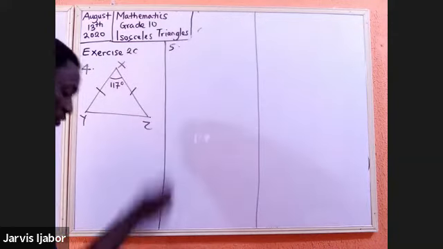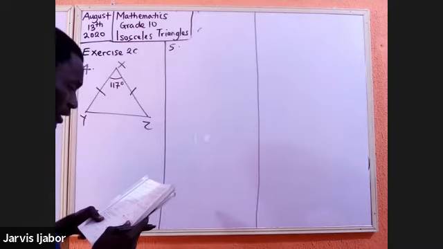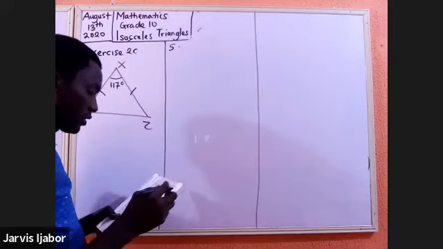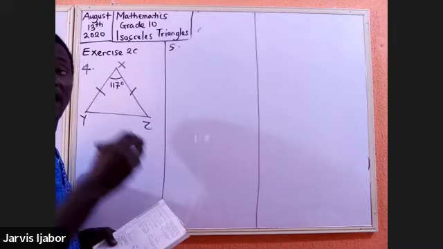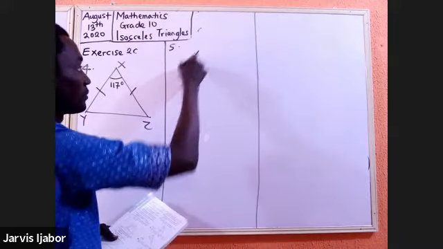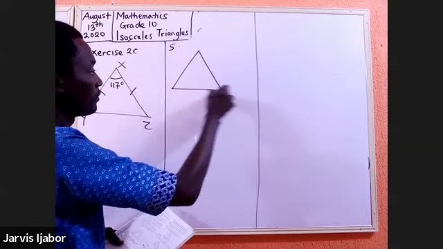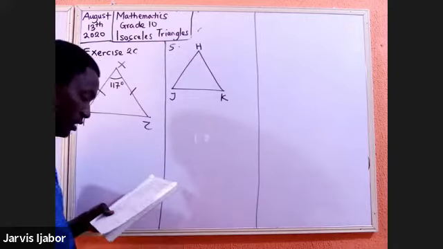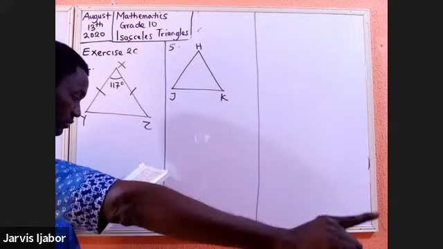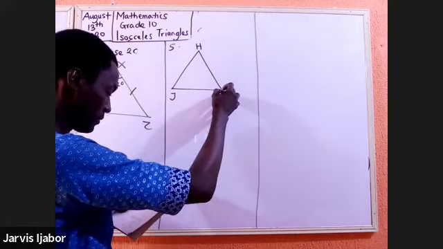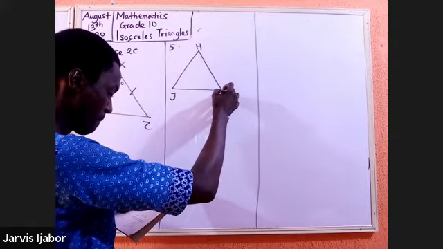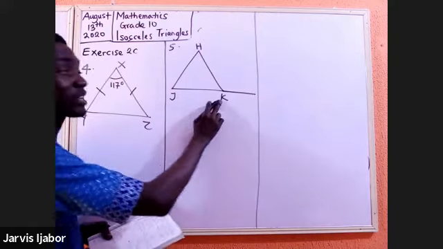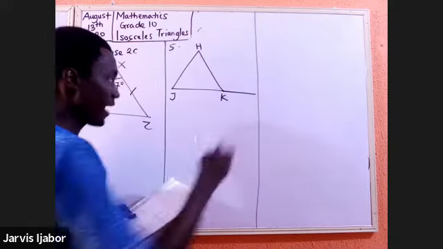So question 5. The base JK. Now you are told the base is JK of an isosceles triangle HJK, produced to L. Now when they say JK, you can produce a line out to L. Good.